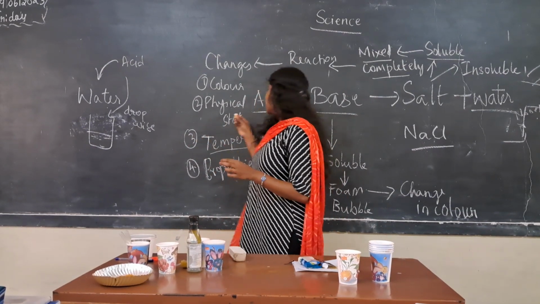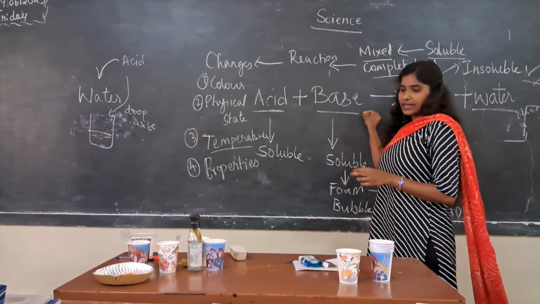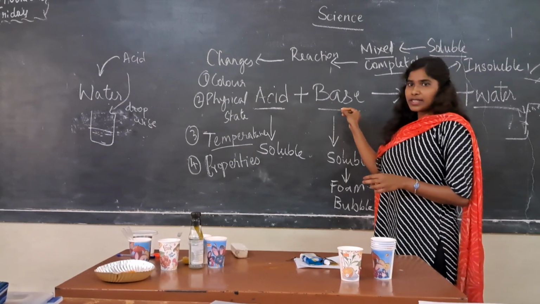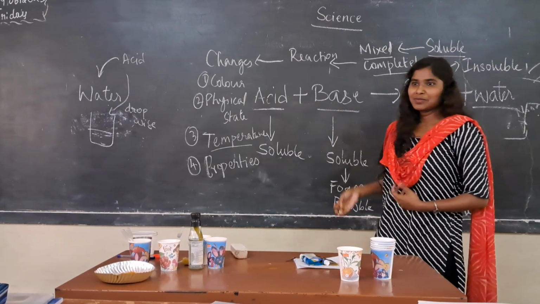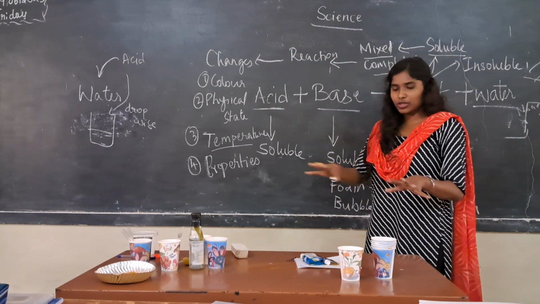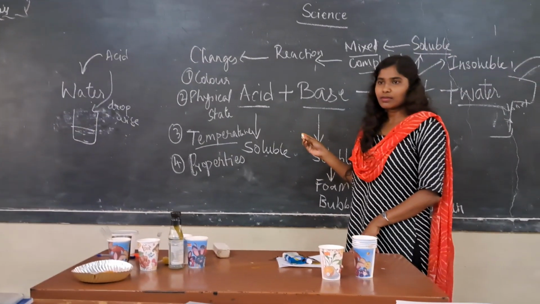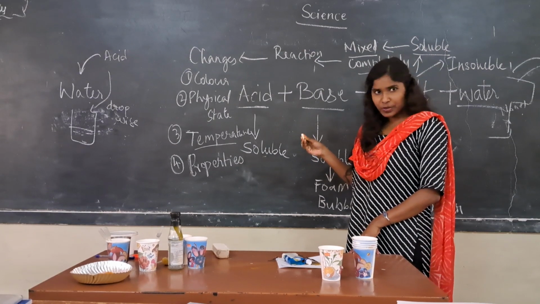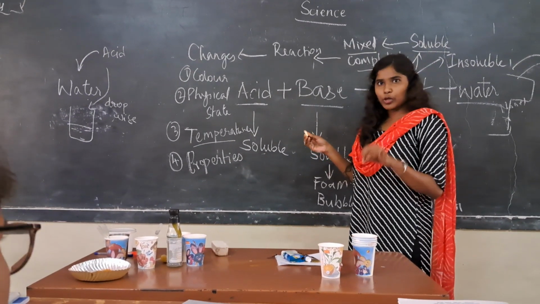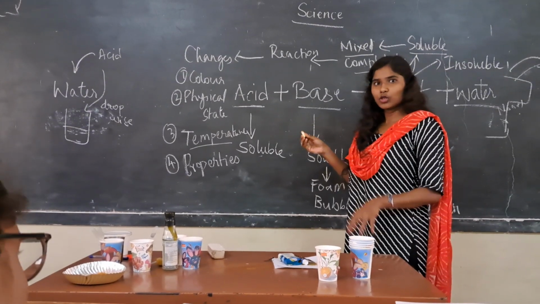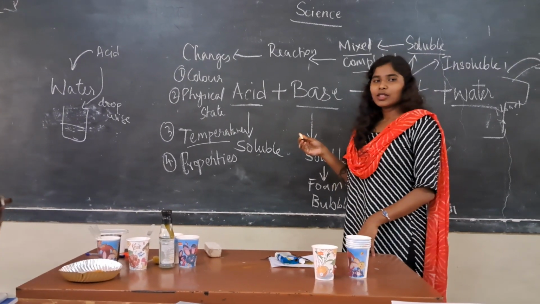And the next thing is for base. Everyone understood base thing? So what is a base? Whatever you understood, you tell me. Soap is an example of base, okay? Shampoo is an example. Toothpaste, okay, example.